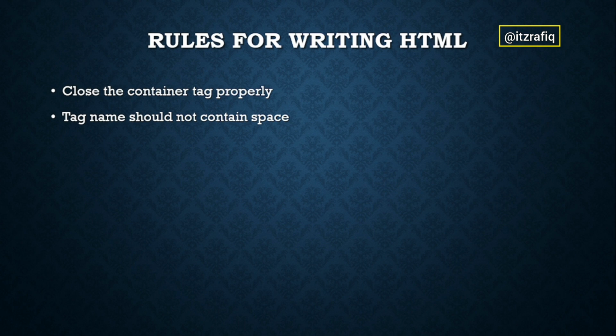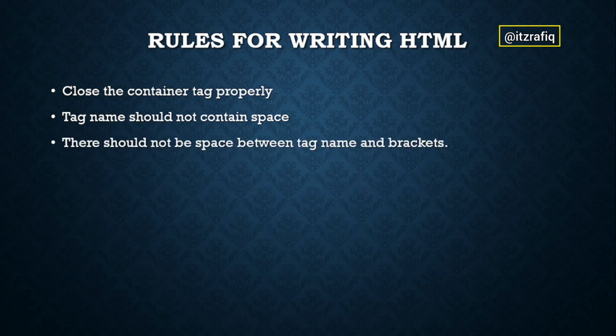Now tag name means, suppose I am writing body inside brackets, then I should not keep a space and write body. And there should not be space between the tag name and the brackets. Suppose I write it this way: bracket, then one space, body, again one space, then bracket close, it will be invalid.